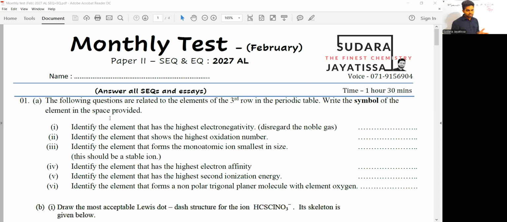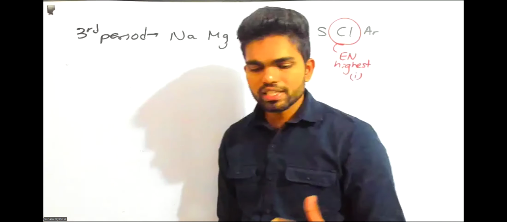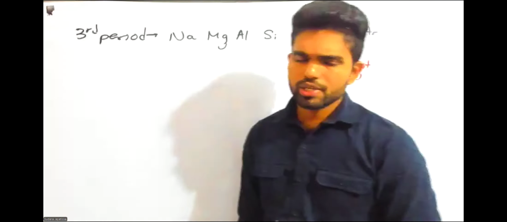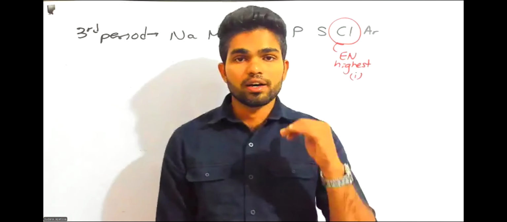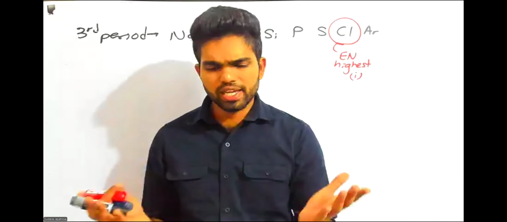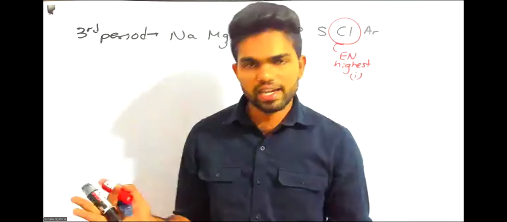And then the second question: identify the element that shows the highest oxidation number. Oxidation number depends on the compounds that they make. You will have a great idea about this once you do P block, but before that, we can still get an idea.